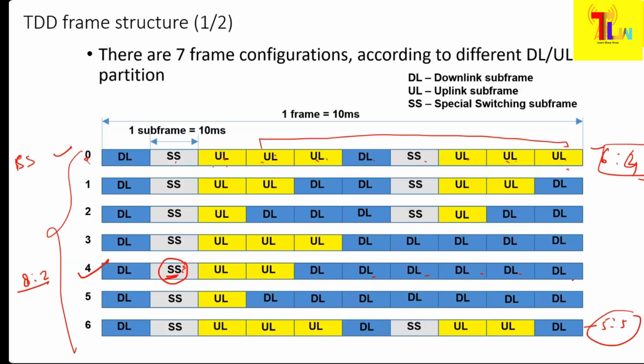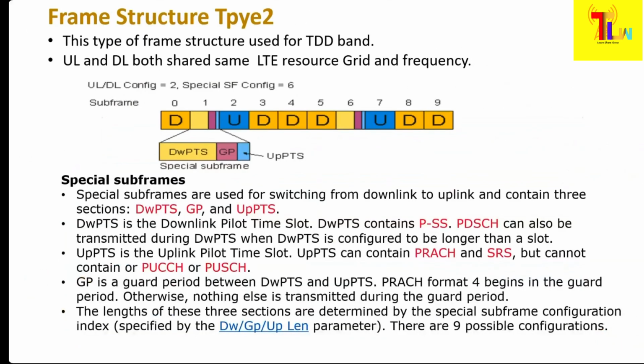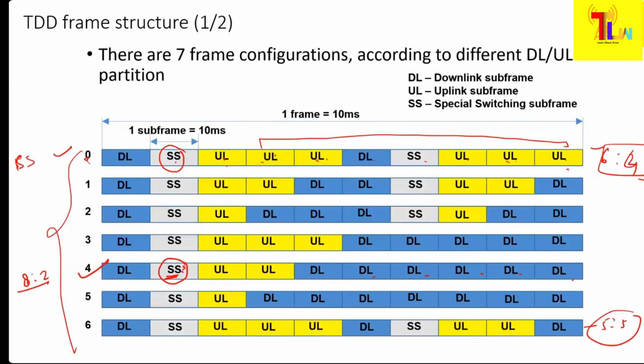Now let's discuss what this SS subframe is. We call it the special switching subframe. First of all, let's discuss the design of the special switching subframe, and why we need it from downlink to uplink but not from uplink to downlink.